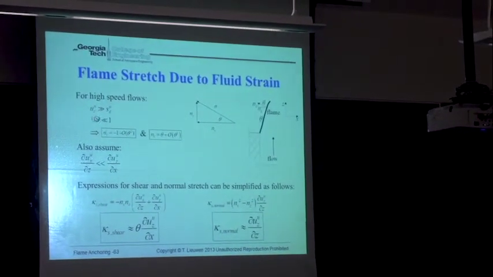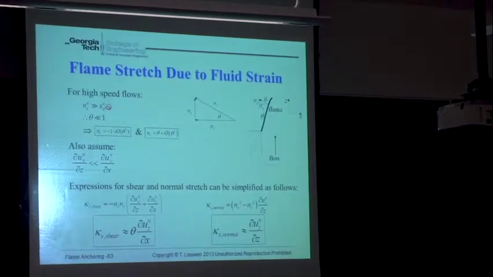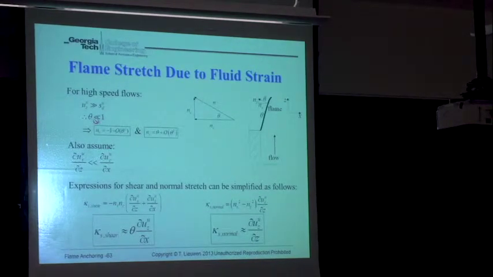So if I have a high speed flow, then the velocity is going to be much greater than the flame speed, which also means that the flame angle theta is going to be really small. Okay, so I'm just going to do some quick asymptotics. n_x, the normal of the flame in the x direction, is going to be equal to -1 plus something of order theta squared. I'm going to neglect the order theta squared, and I'm just going to approximate n_x by -1. n_z will equal, to first order, theta in radians, plus a term of order theta cubed.